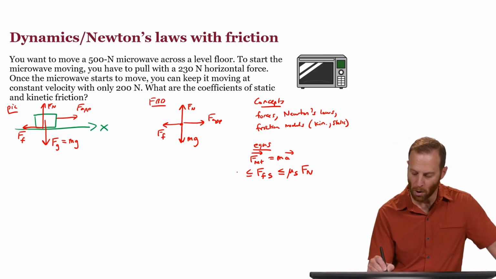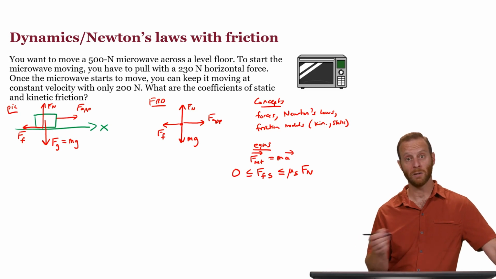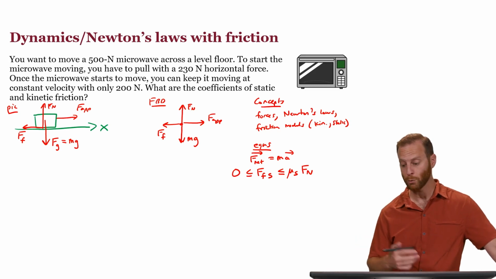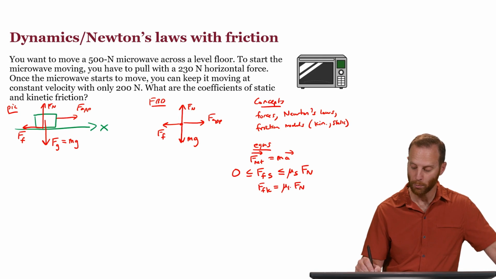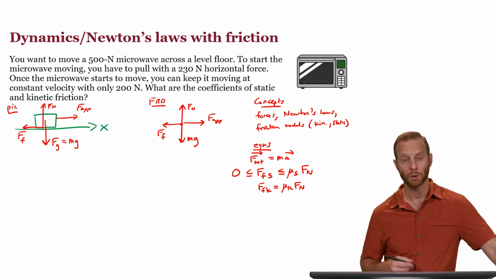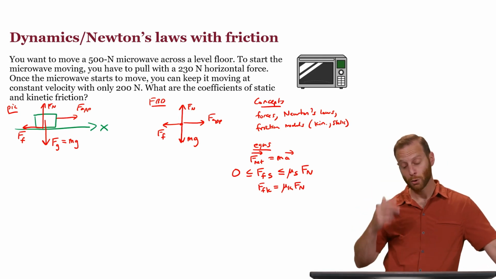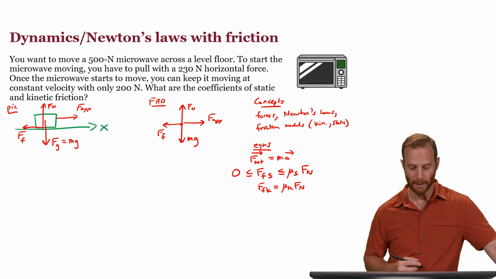And it could be as small as 0. So it takes on some range of possible values with a maximum. The kinetic friction, according to the model, is simply proportional to the normal force, and the proportionality constant is the coefficient of kinetic friction. So those are the relevant equations that we might need.